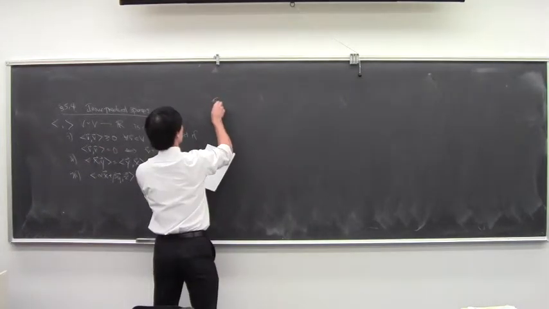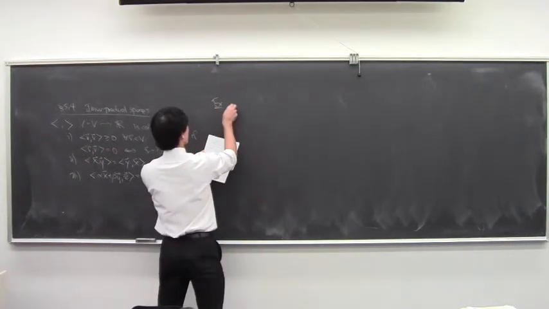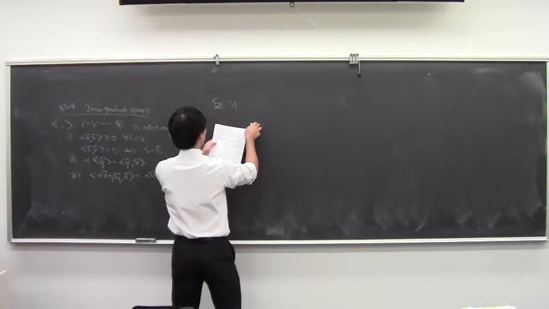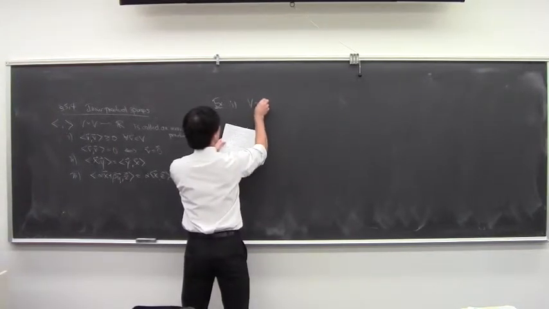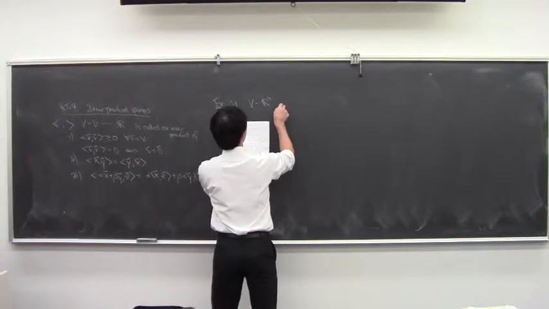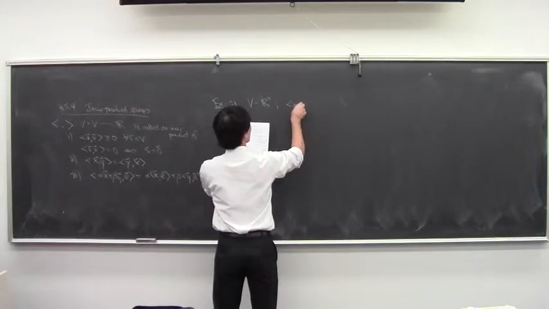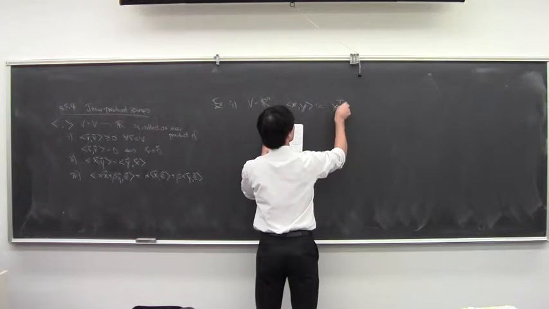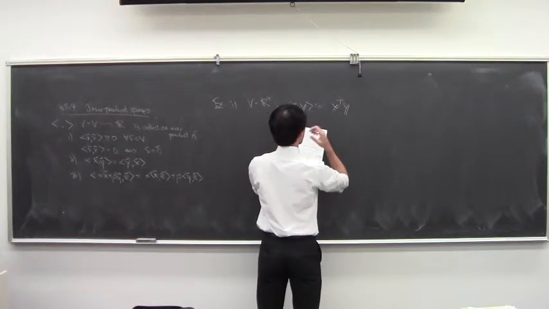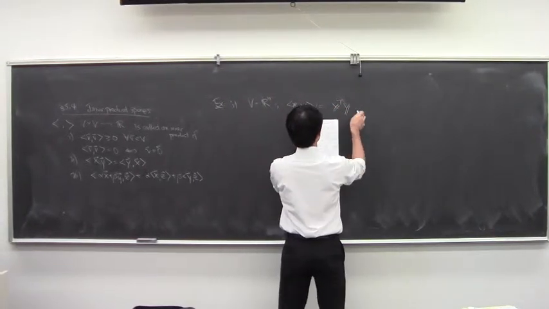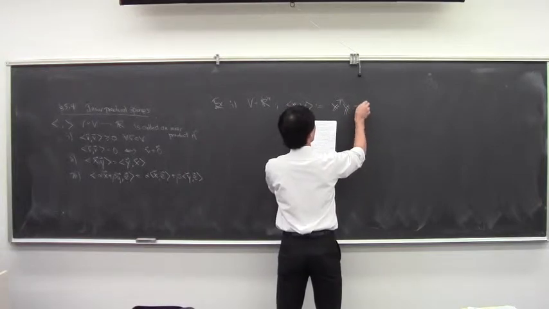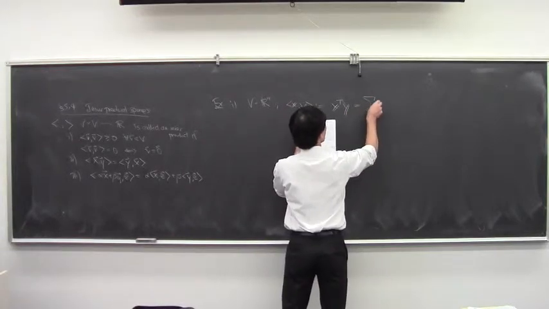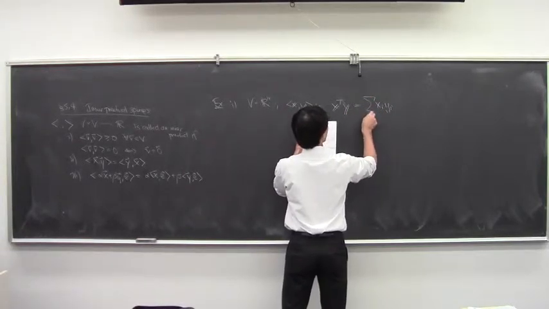Okay, and last time we started off with one example. Let me put a bunch of examples. First is the obvious one, Rn, with the dot product given by taking the transpose of the first vector and matrix multiplying it by the second vector. In other words, the standard dot product.